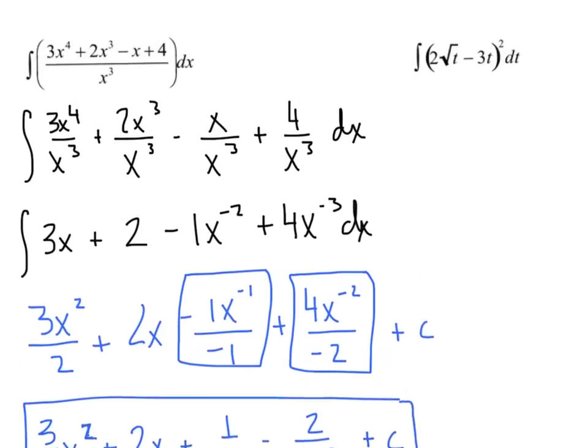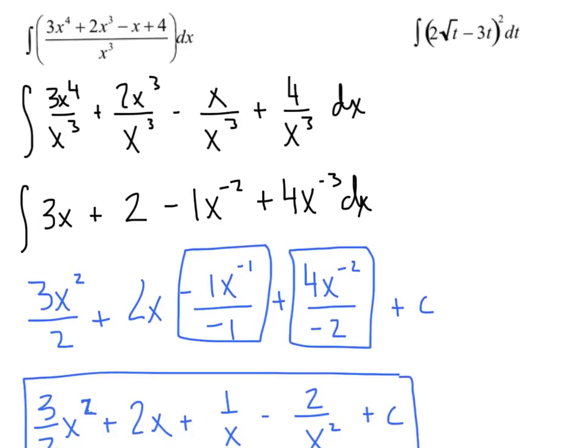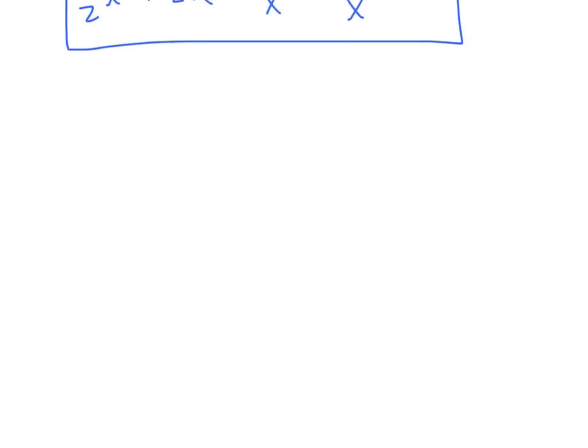Now there was one more problem here hiding at the end. And I can't stress this enough. When you're squaring that binomial, right off the bat, let's go ahead and get this rascal all FOILed out. I don't have much room there, so I'm going to slide down here and start a new fresh page. So I'm just going to take my time and say, 2 radical t minus 3t times itself, 2 radical t minus 3t.